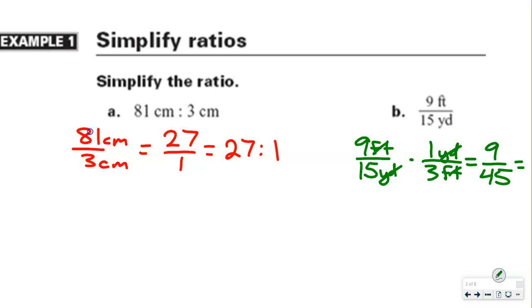That's going to simplify to 1 over 5. Our greatest common factor there is 9. 9 goes into both 9 and 45. So 9 goes into 9 one time and goes into 45 5 times. And then we can write our ratio as 1 to 5.